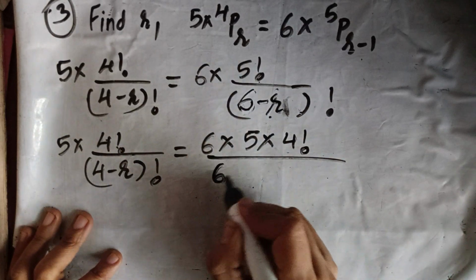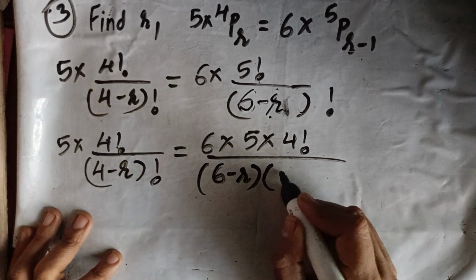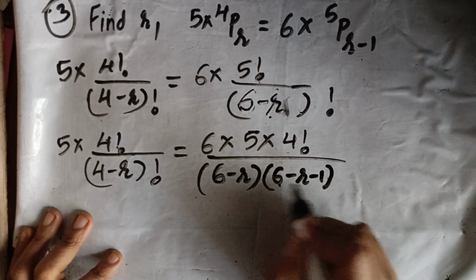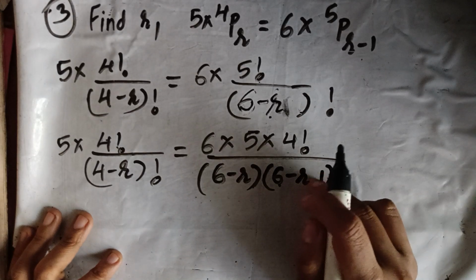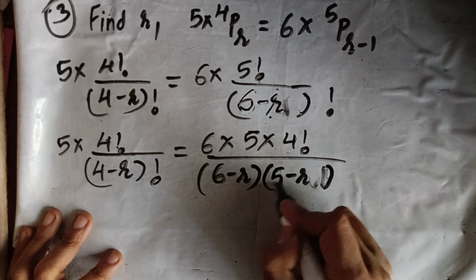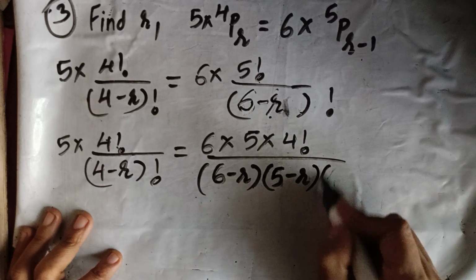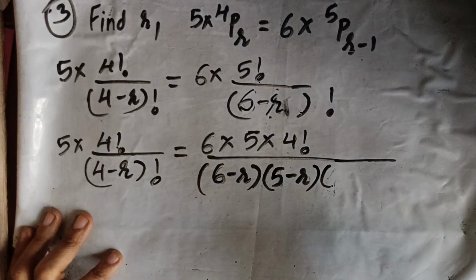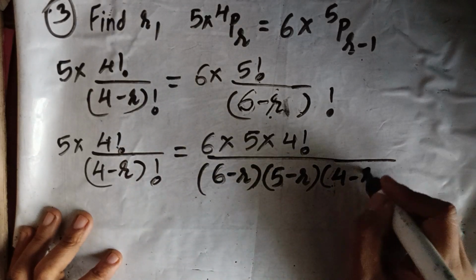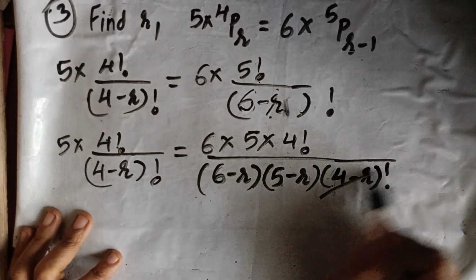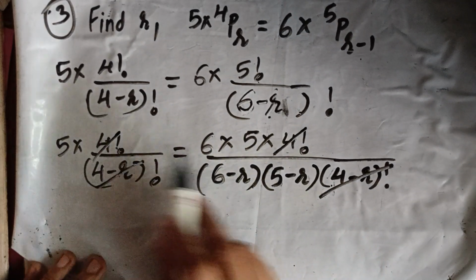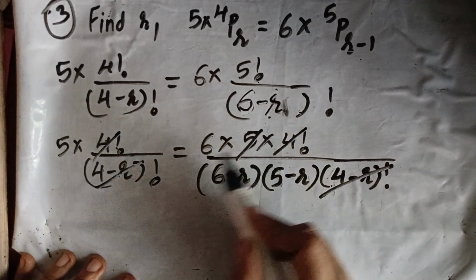This we can write 6 minus r into 6 minus r minus 1, that is 5 minus r, then 6 minus r minus 2, so it will be 4 minus r factorial. So this you can cancel with this. These things remain. 5 also you can cancel.